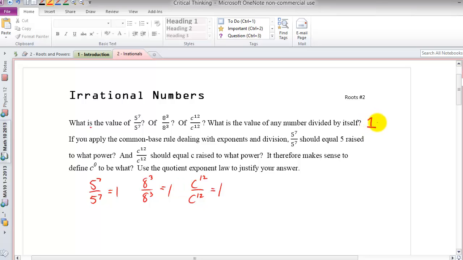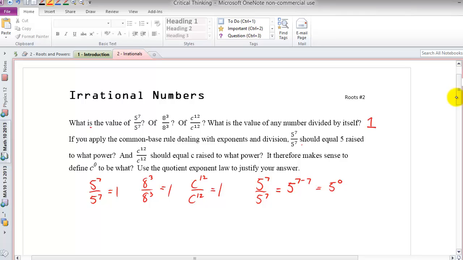Now the next question is, apply the common base rule dealing with exponents and division. 5 to the power of 7 divided by 5 to the power of 7 should equal 5 raised to what power? We're going to use the Quotient Exponent Law, which we did last day. That's equal to 5 to the 7 minus 7, which equals 5 to the 0.